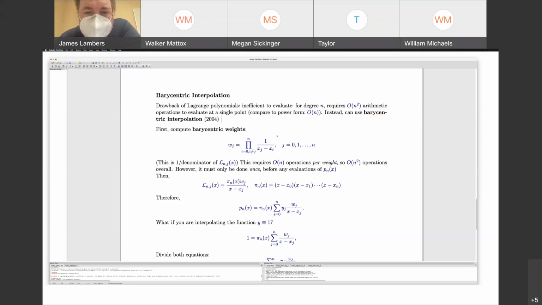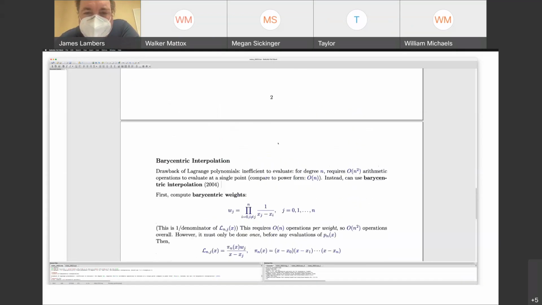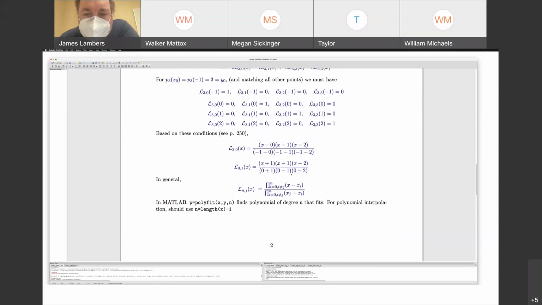So what you do is you compute these quantities that are called the barycentric weights, and all we have here is the denominator of each Lagrange polynomial. Because notice we have xj minus xi, all those factors multiplied together, and we actually saw those in this formula right here. So we're just taking the denominator.